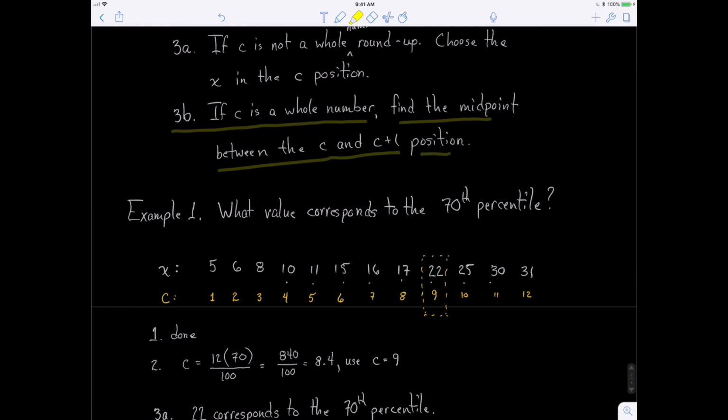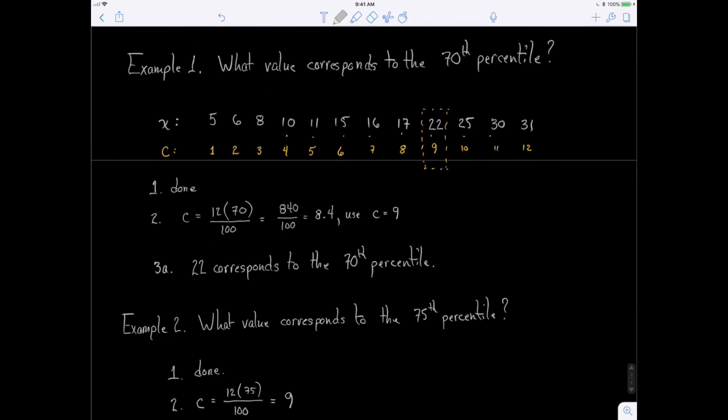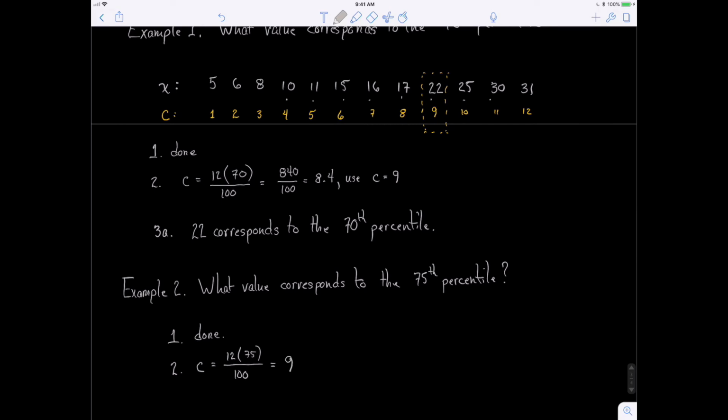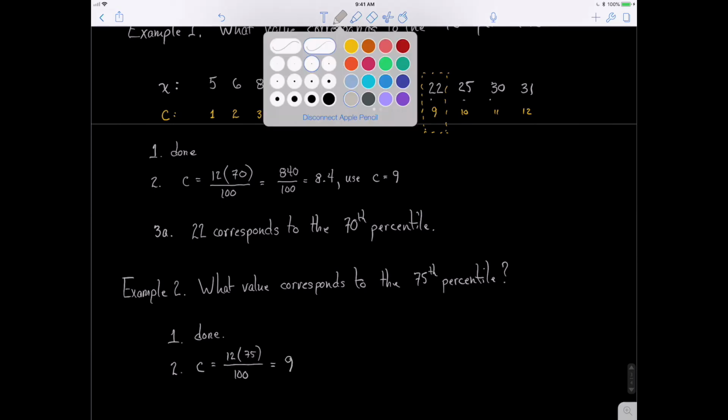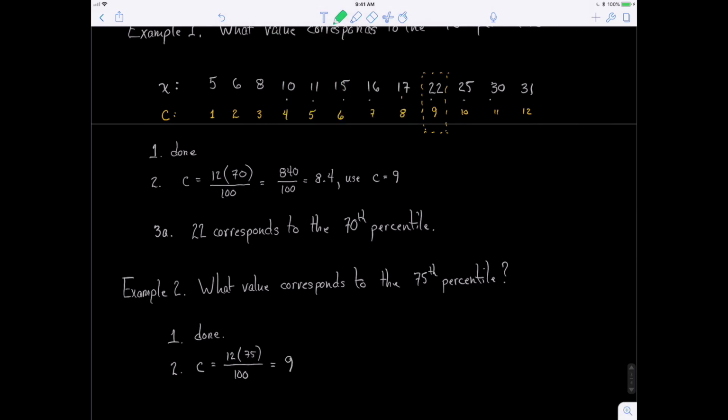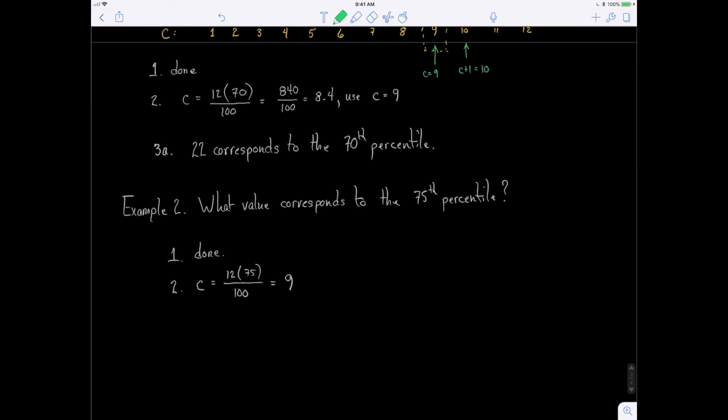Here is C equals 9, and here is C plus 1, which is 10. In other words, I need to find the midpoint of 22 and 25.